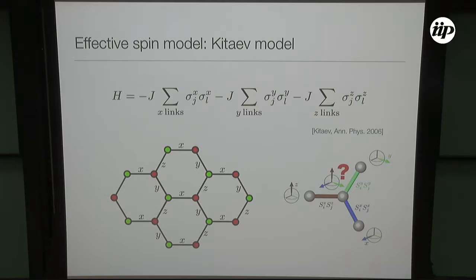But the frustration comes from the fact that the interactions are bond dependent. The direction in which you couple the spins depends on the direction of the bonds. So this spin looks at a first neighbor and says, I would like to order along the Z direction. The other one would like to order along the Y direction, and the system just doesn't know what to do.